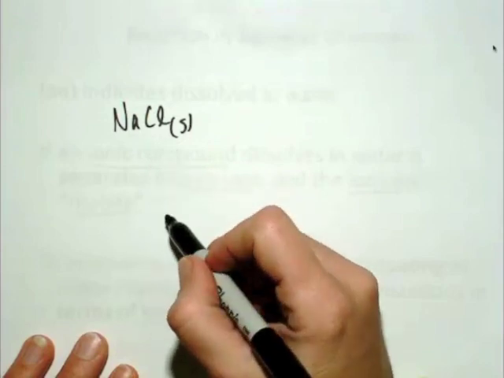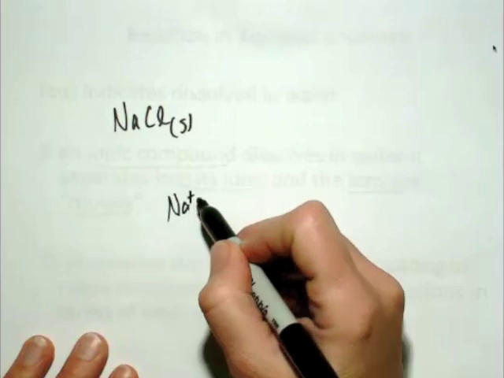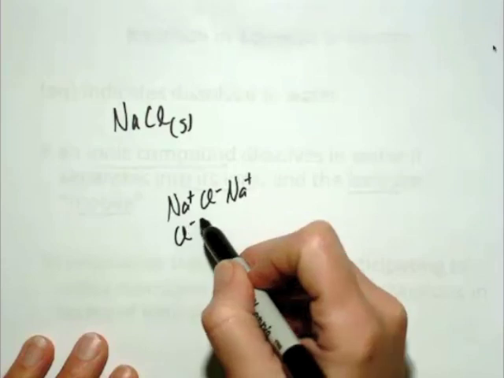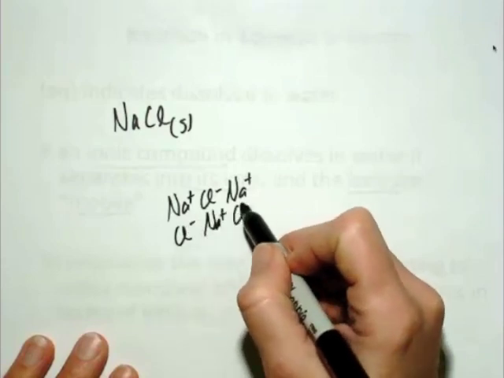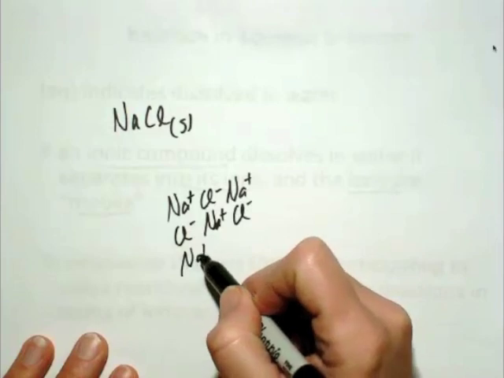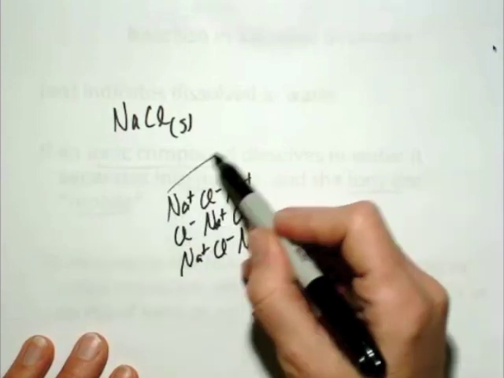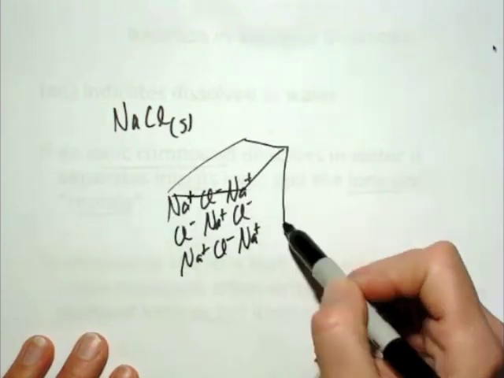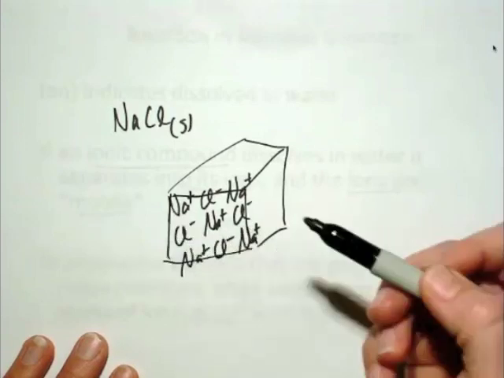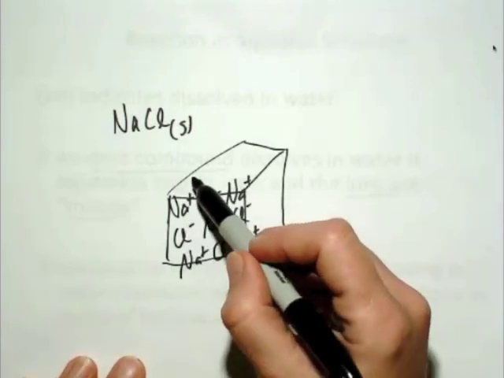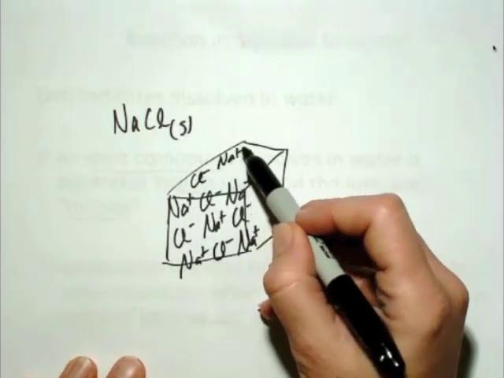And for sodium chloride, and for all ionic compounds, you have a three-dimensional crystal of sodium ions surrounded by chloride ions, surrounded by sodium ions, surrounded by chloride ions, in a 1-to-1 ratio of the ions. That's what that formula unit is telling us, okay? And so it's this big crystal. Well, not necessarily big, but it is a crystal. And you have sodium ions and chloride ions surrounding each other, all right?